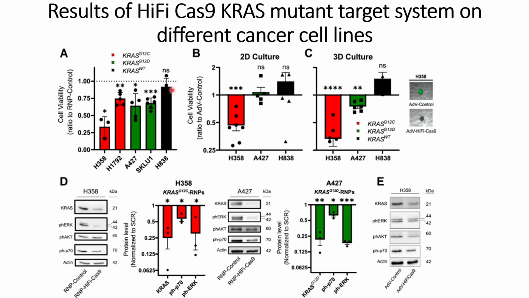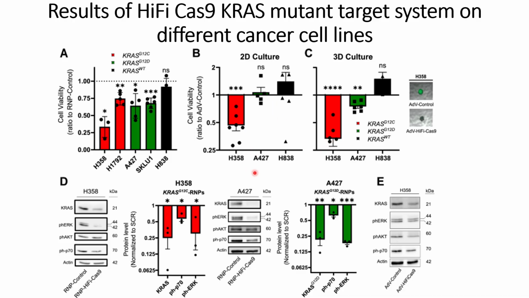Thereafter they did their studies on the 2D culture and 3D culture models, and they chose the 3D culture model because the 2D culture model does not replicate the in vivo results. In the 2D culture model, for H358 they see 50% reductions in cell viability, compared to the 3D model where they see 70% reductions.